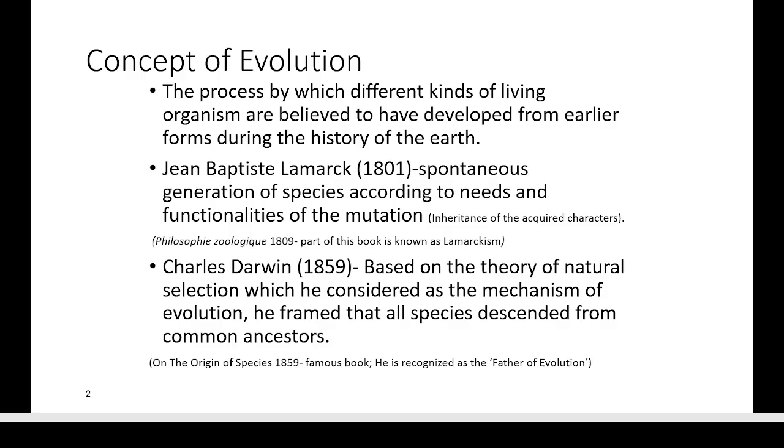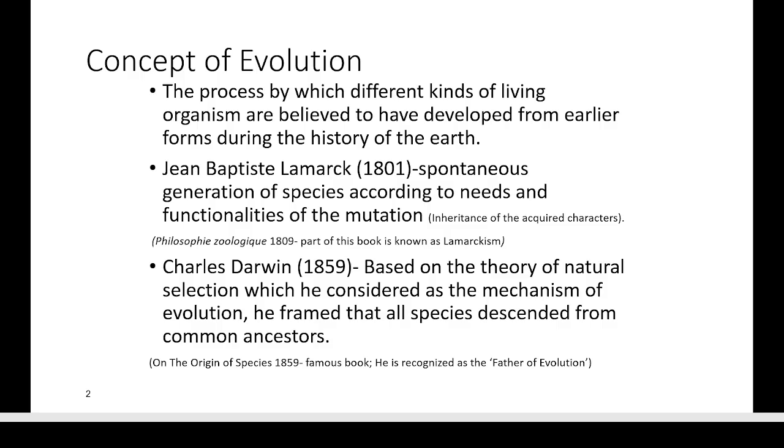In 1859, Charles Darwin gave the other concept of evolution, which mainly focused on the survival of the fittest. According to him, any species which makes itself more suitable as per its environment survives in nature, or nature actually selects the most fit species.